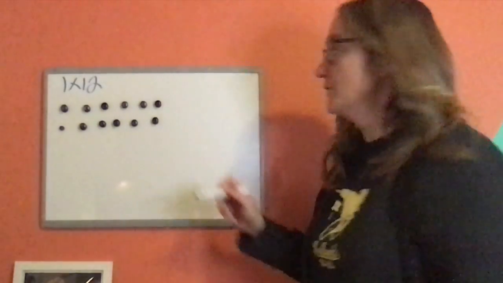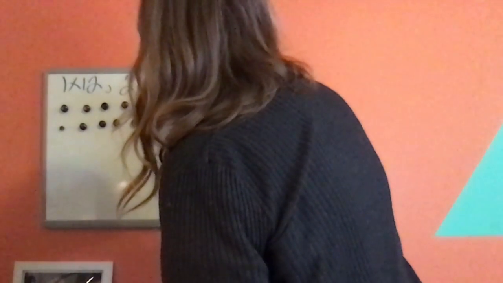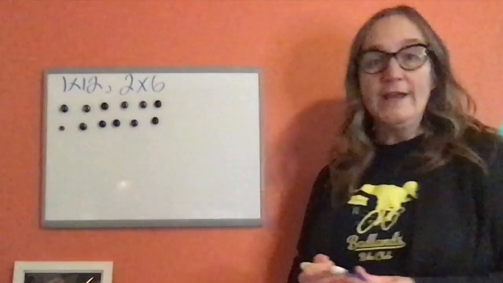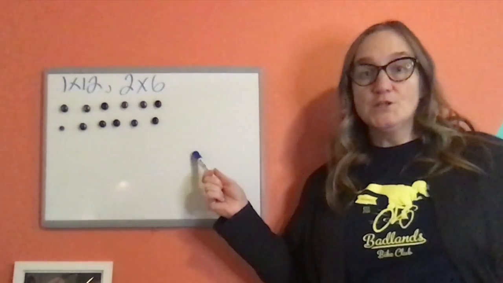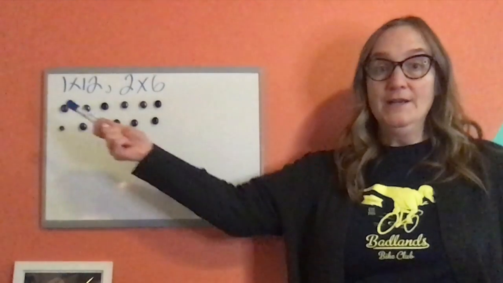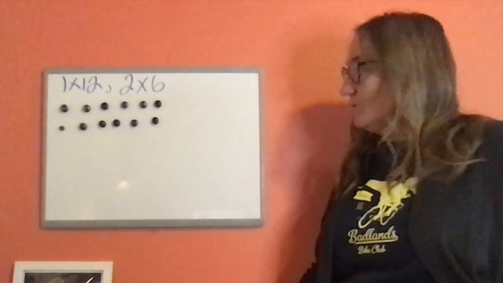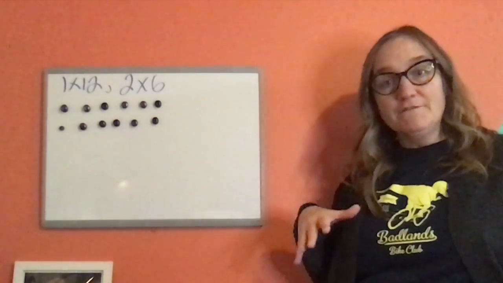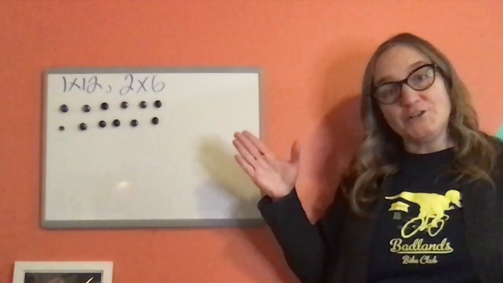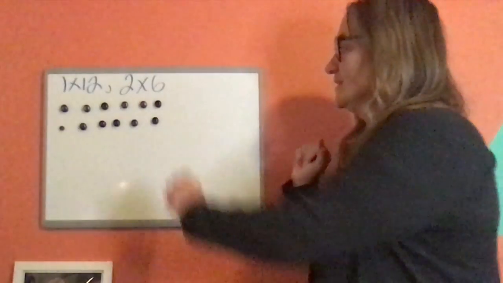That was our first solution. We can also do 2 times 6. So right away, we know 12 is not a prime number, it's a composite number because it has more than 2 factors. So let's explore and see if we can find out if 12 has more factors than just 1, 2, 6, and 12.